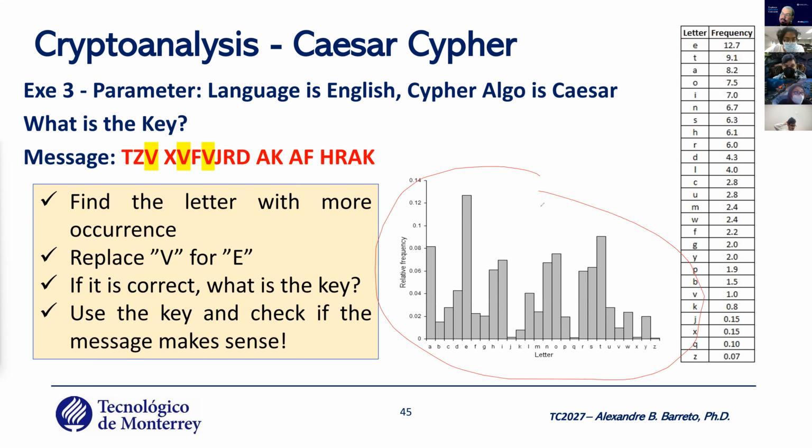Remember, it's the frequency of the alphabet. If you use only, for example, 10 words, it's harder to find this behavior. But if you cipher a big message, it makes more sense.